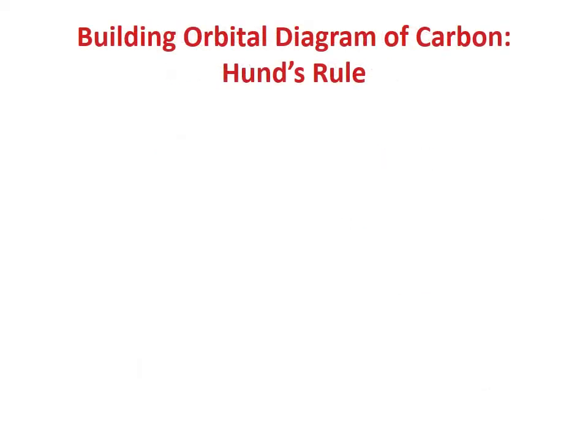Let's now draw the orbital diagram of carbon. Carbon has 6 electrons, so the electron configuration starts with 1s, 2 electrons, 2s, 2 electrons, and 2p, 2 electrons. Remember, 2p has 3 equivalent orbitals. So how does the orbital diagram look?